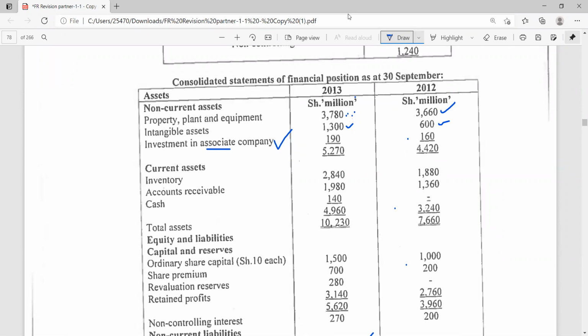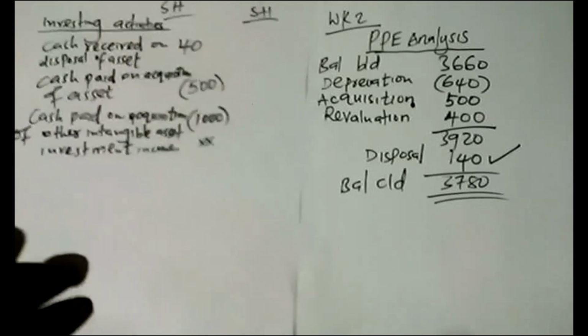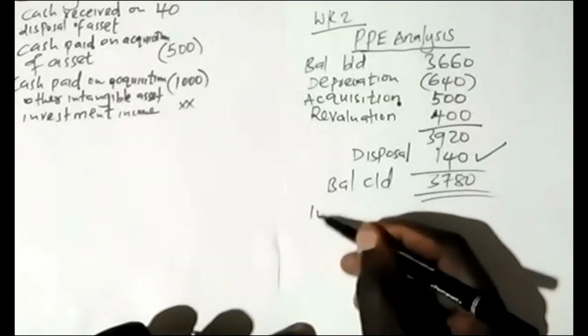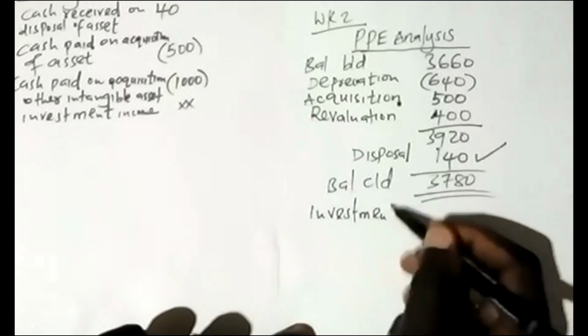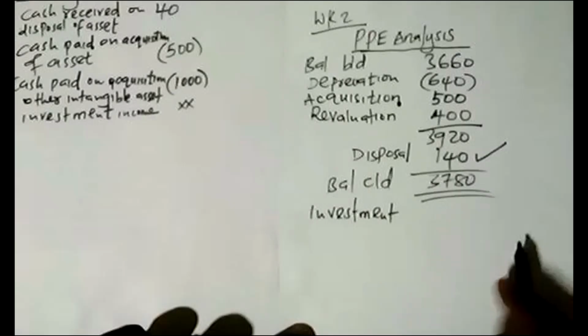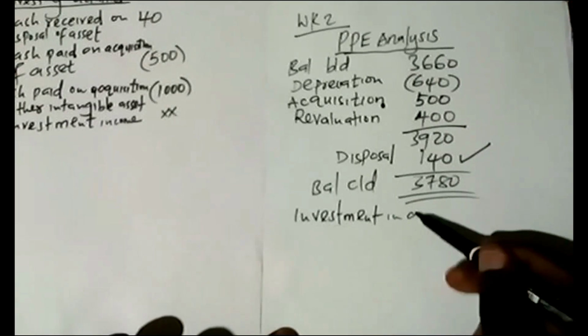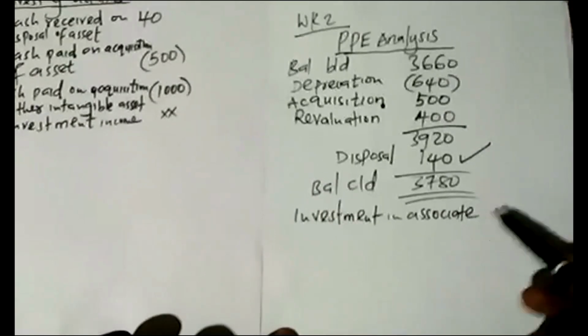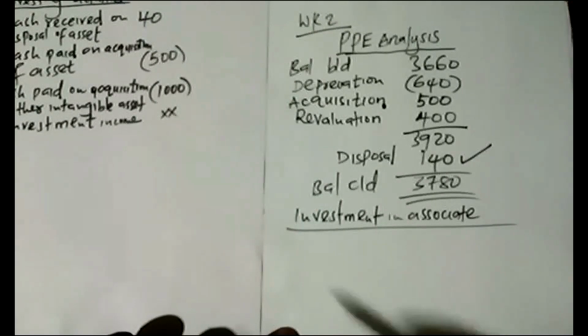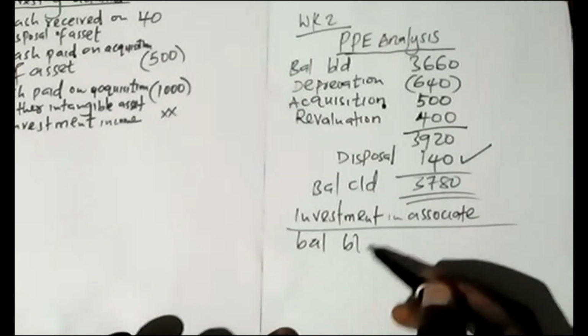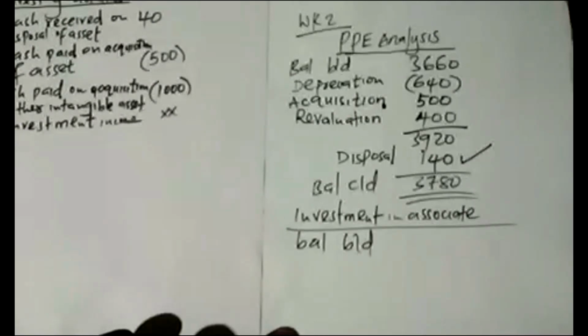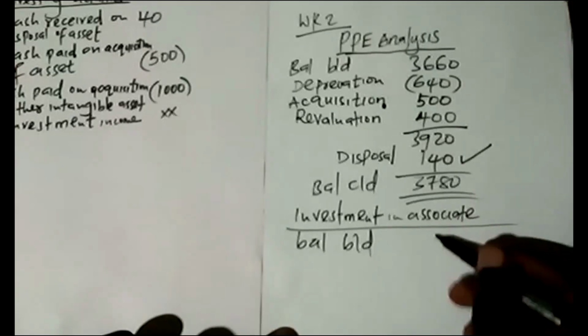So that is what you consider there, 160. This one will assist us to determine the dividend received, which is an income. So balance brought down is 160.